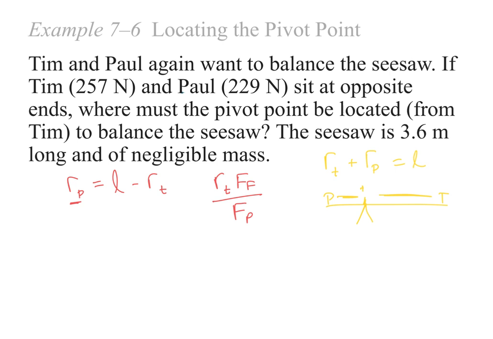We've said his torque is his R times force. His torque is his R times force. So we can set them equal to each other, and then we can solve. So all I did was say, here's Paul's torque, and here is Tim's torque, right? And I'm just getting a replacement for him, is all I'm doing. So an FP. Right, so force of Paul was going to be the force of Paul.